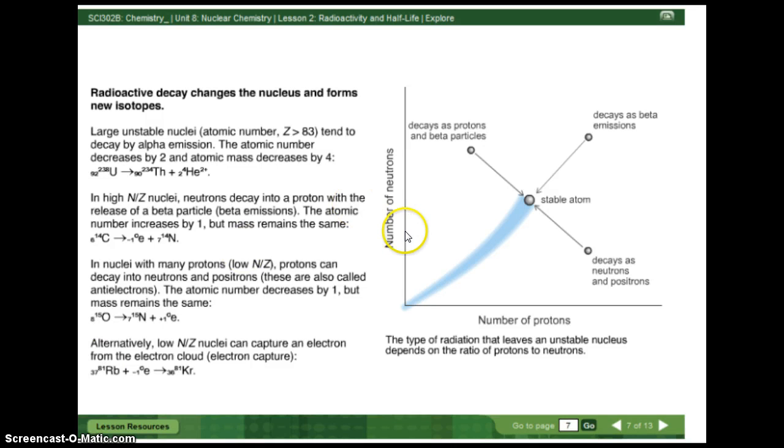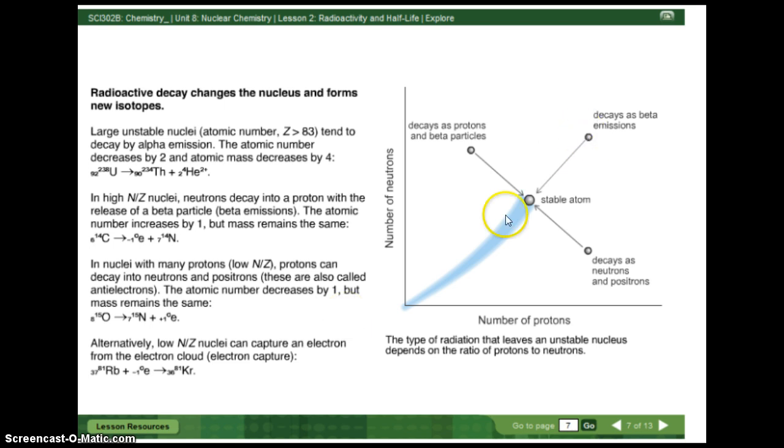neutron. All right, so again, we have this graph, and it says, okay, if you have a good ratio, about 1 to 1, you're fine. You're not going to have radioactive decay. However, if you have too many of one or too many of the other, then you're going to have decaying issues.